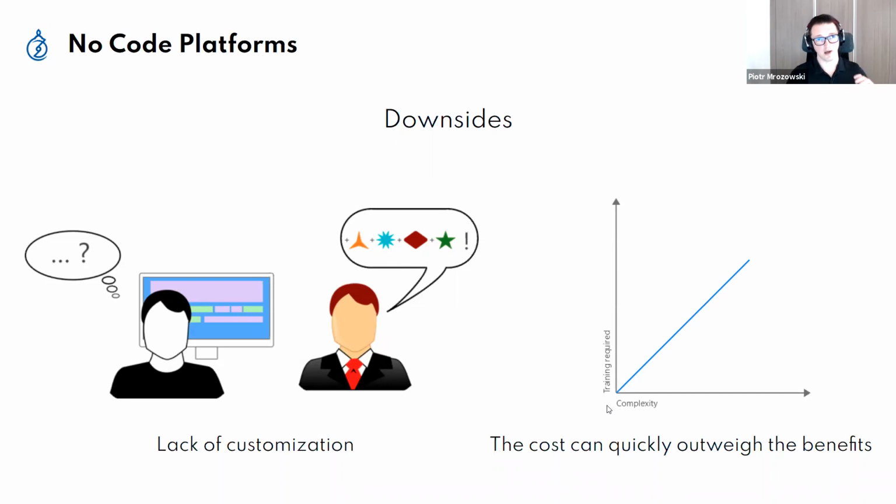However, as the complexity of your application grows, so does the complexity of the solutions that need to be implemented. So it just gets harder to keep track of it.